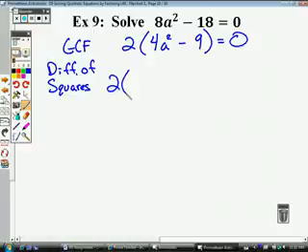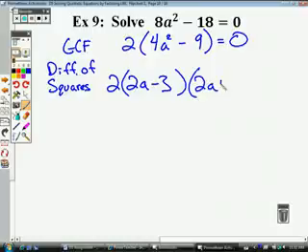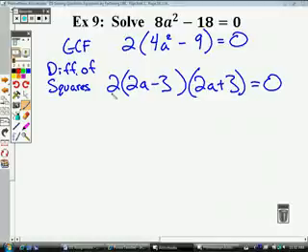Alright, so it's going to be 2 parentheses 2a minus 3 and 2a plus 3 equals 0. Now I know my fast students who like to work ahead of me, I know they're stuck right here. Because looking at that, they're going, wait a minute. Look, first of all, let me talk about this 2 right here, and then I'll talk about these numbers in here.